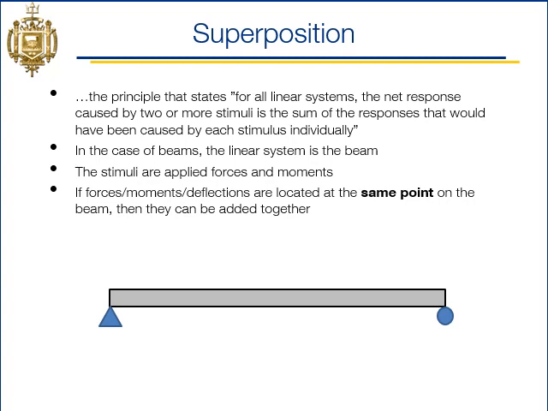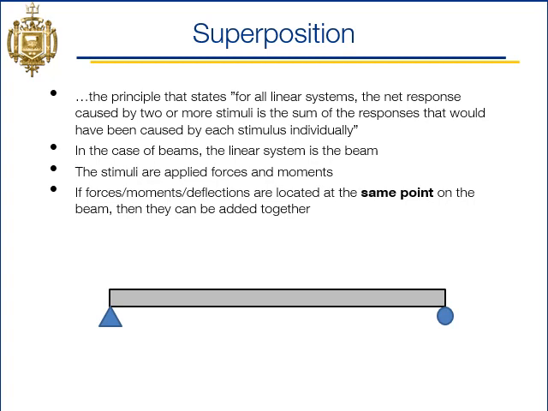So if we have multiple applied forces, we can sort of add those up and add their reactions up to meet the definition of superposition. And then the last point here, if forces and moments and deflections are all located at the same point on our beam along our linear system, then we can add those together.